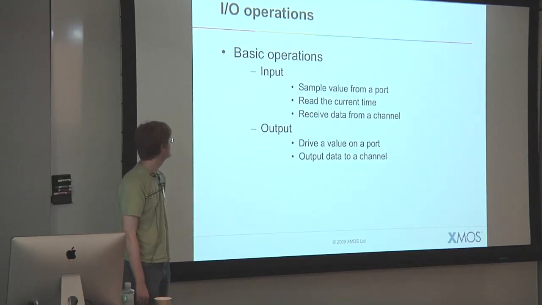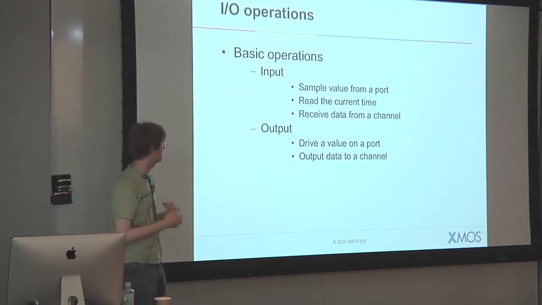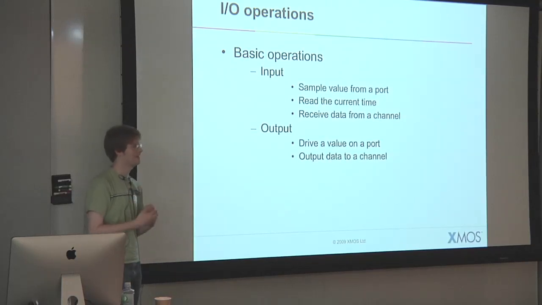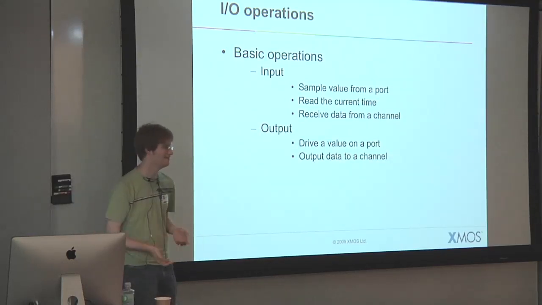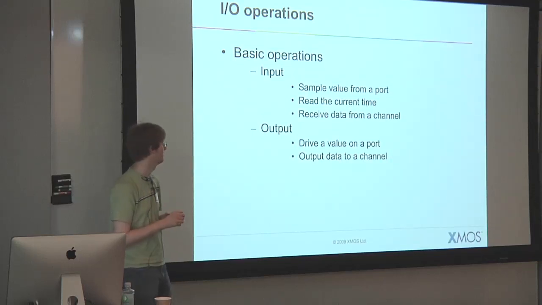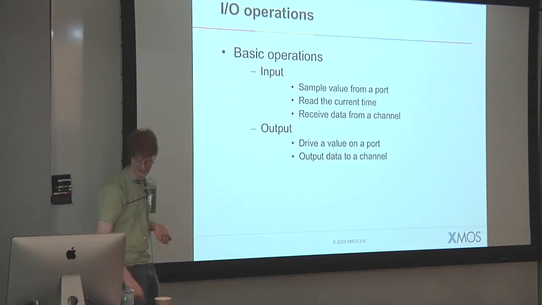And there are two basic operations, supported directly in the hardware by an input and an output instruction. Input would sample a value from the port, get the current time, or receive some data from a channel. Output drives a value onto a port, or outputs a value onto a channel. There's no outputting to a timer. That wouldn't make much sense.